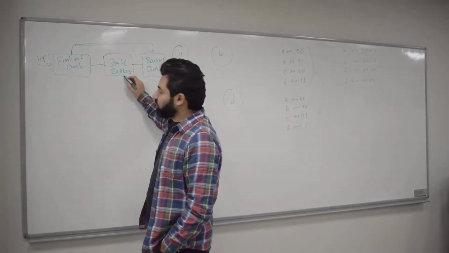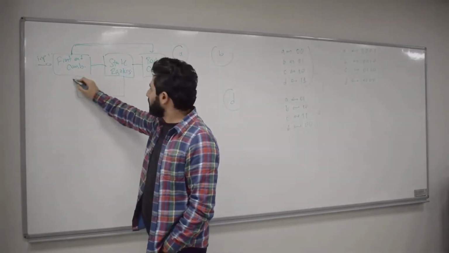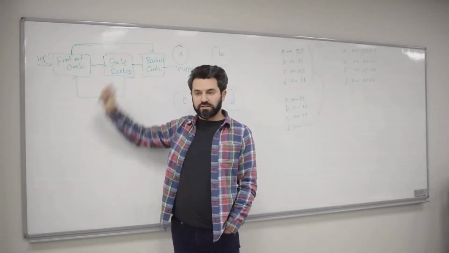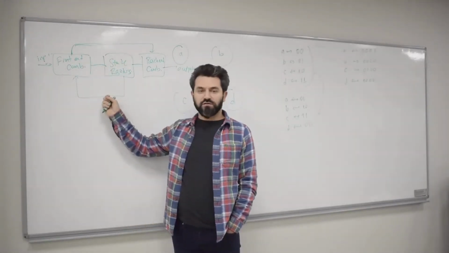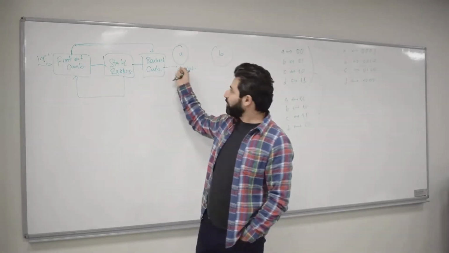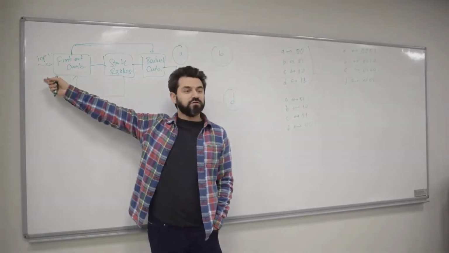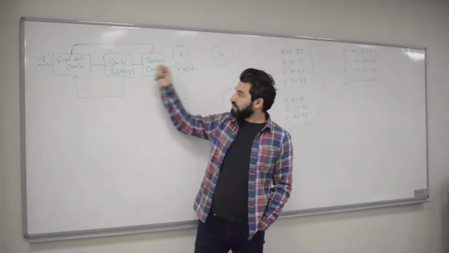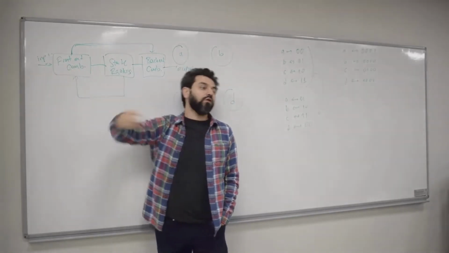The state registers are actually used in your front-end combinational circuit to generate the next state, okay? And this is a must for both Moore and Mealy circuits, okay? If the output is not a function of input, then we call it Moore. If the output is a function of input, then we call it Mealy.